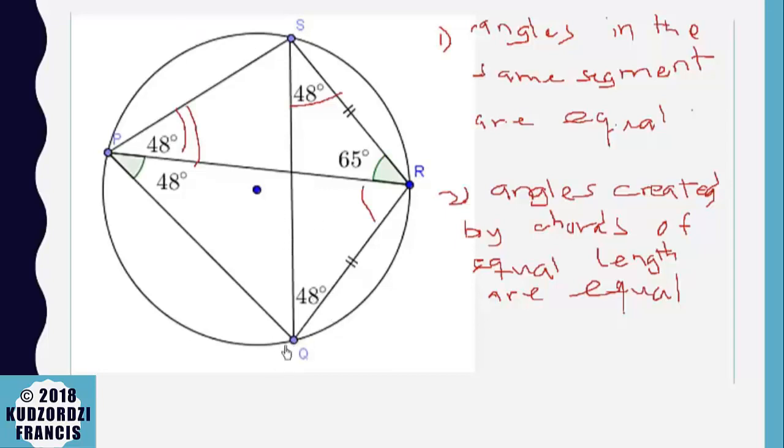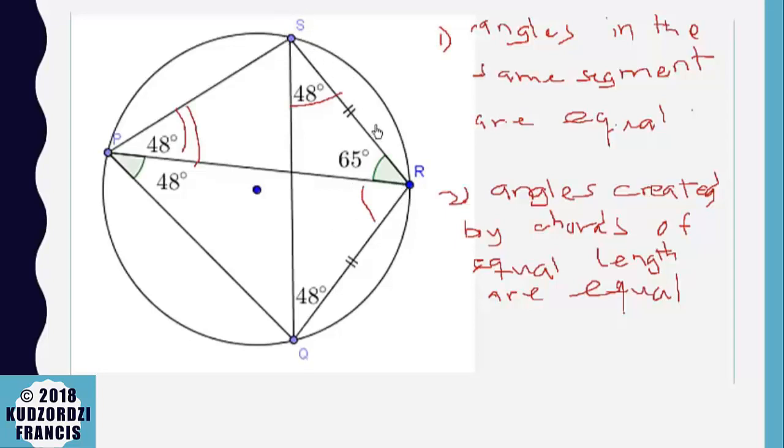Now we use the cyclic quadrilateral property. What we are saying is that this chord is equal to that chord, so the two theorems are actually the same thing.